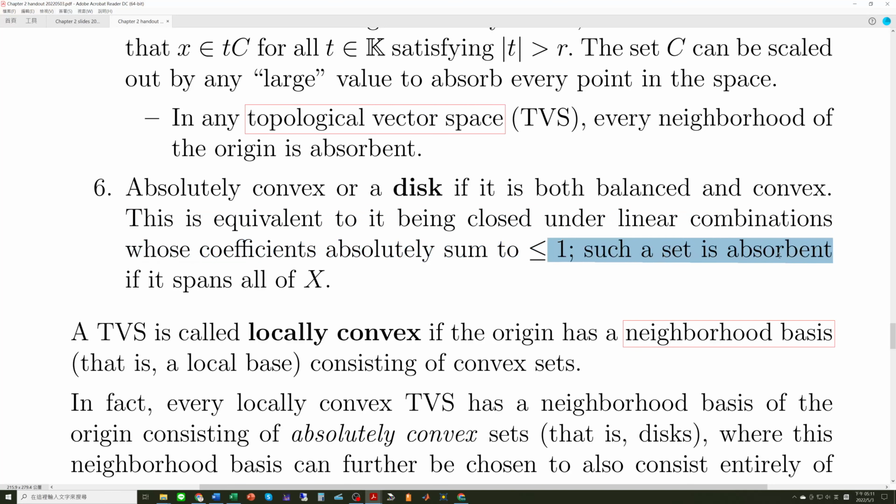Such a set is absorbent if it spans all of X.